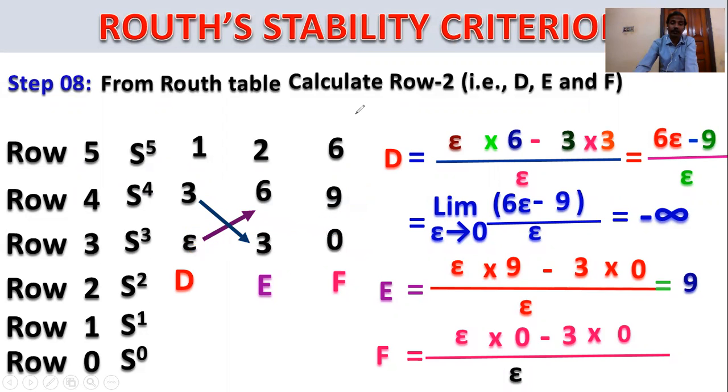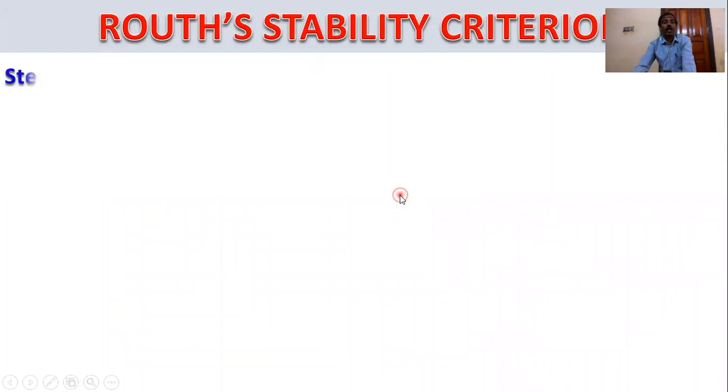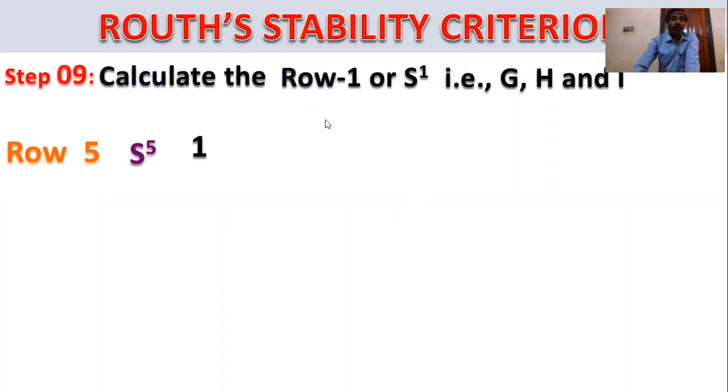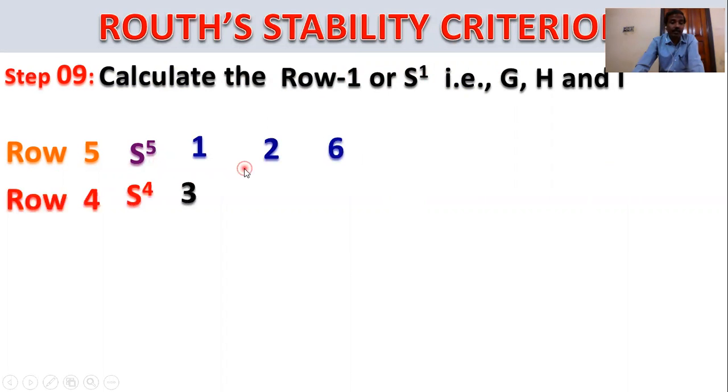Then calculate G, H, I, J, K, L. What is the value of G? Calculate the Routh row 1, or s to the power 1, that is G, H and I. Row 5, s to the power 5: 1, 2, 6. Row 4, s to the power 4: 3, 6, 9.